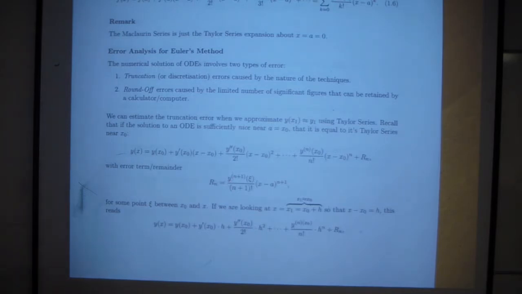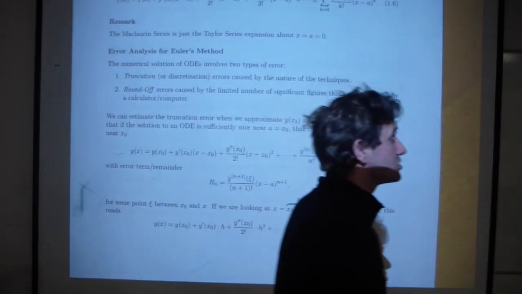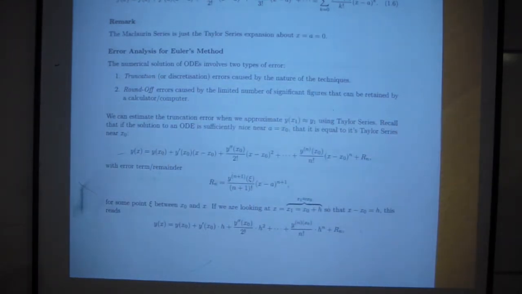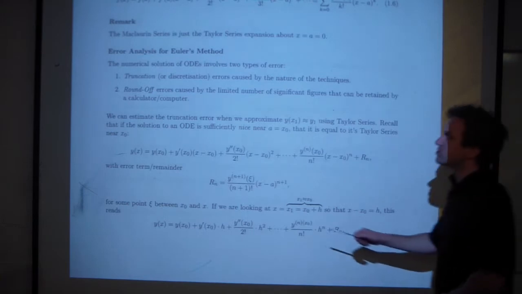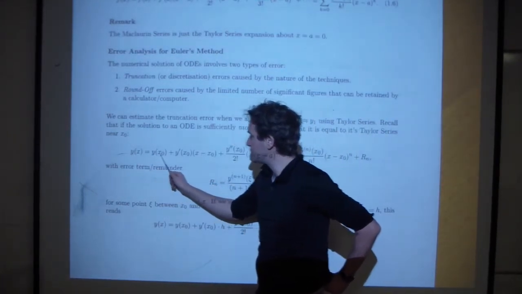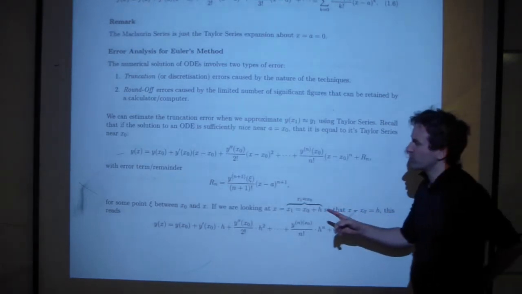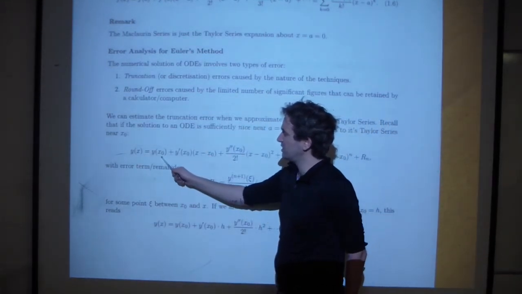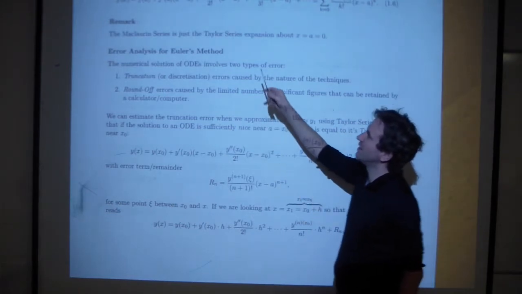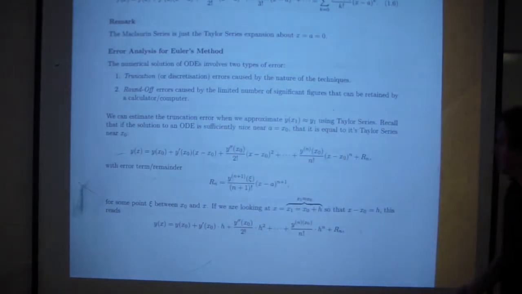Most differential equations that you write down, the solutions are nice in the sense that they're analytic. So the true solution, the exact solution, can be written as a power series. It'll be analytic near the starting point. So instead of putting a, I put in x0, and instead of f's, I have y's.